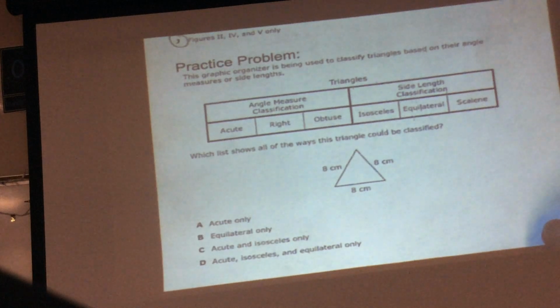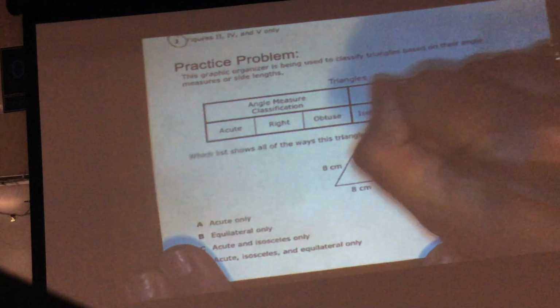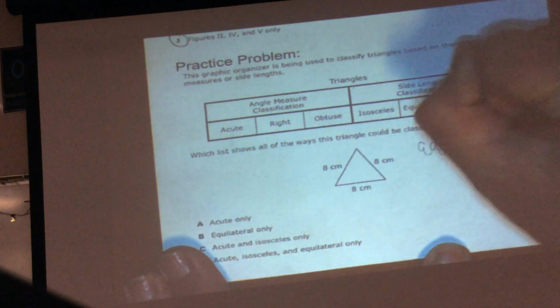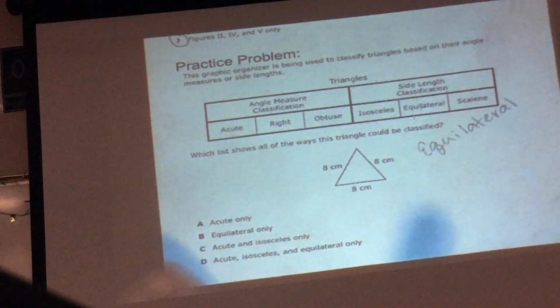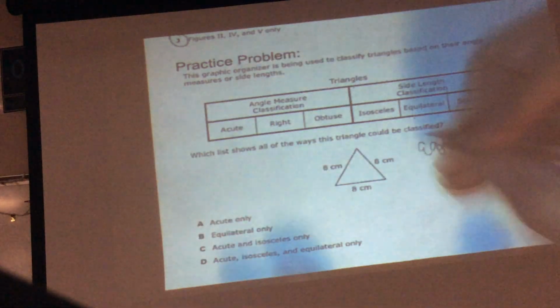Okay, looking at its sides, it is what type of triangle? Equilateral. Okay, equilateral. You can just put an E, that's fine. Looking at its angles, it is acute.